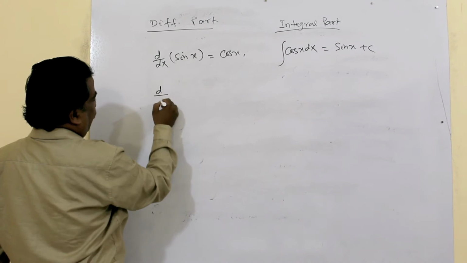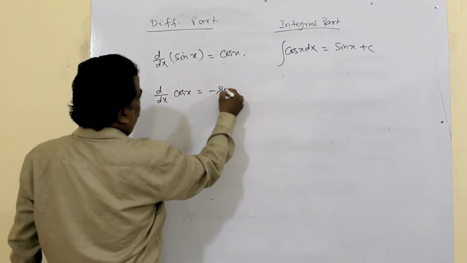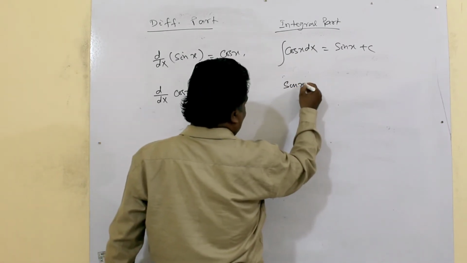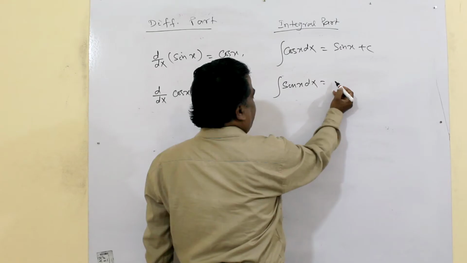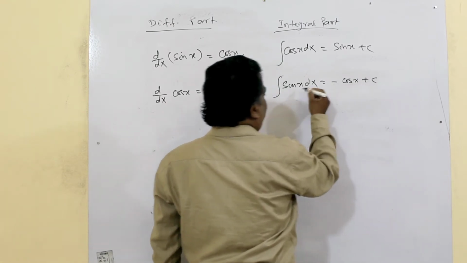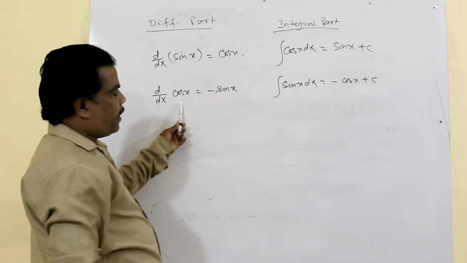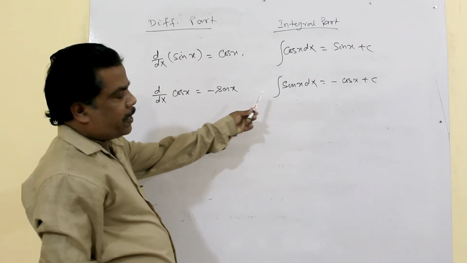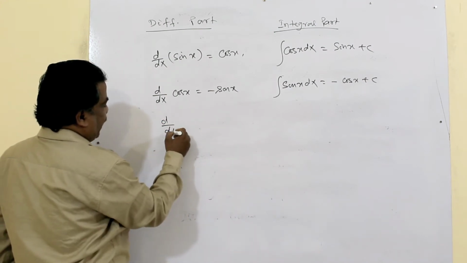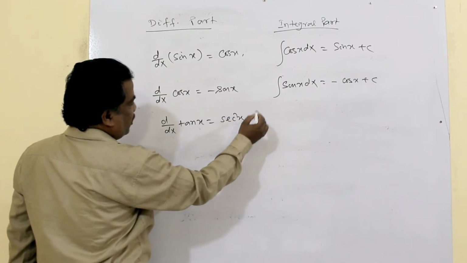Now we know the derivative of cos x is equal to minus sin x, so integral of sin x dx is equal to minus cos x plus c. Now we know the differentiation of tan x is equal to sec square x.